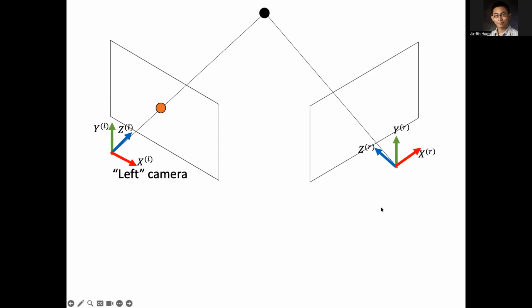At the same time, this same 3D point will be projected onto the second camera. So far, still no math. But you can say, okay, so we have this so-called baseline that's connecting these two camera centers. That's called the baseline. All right, so far, so good.